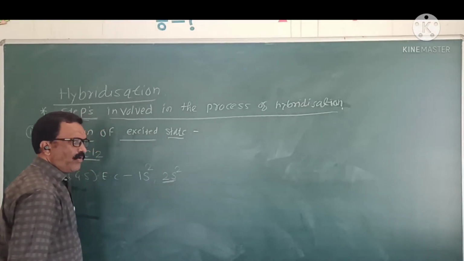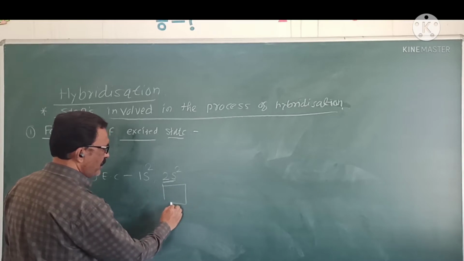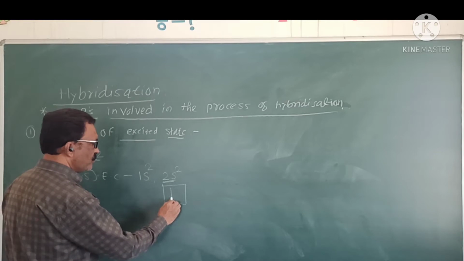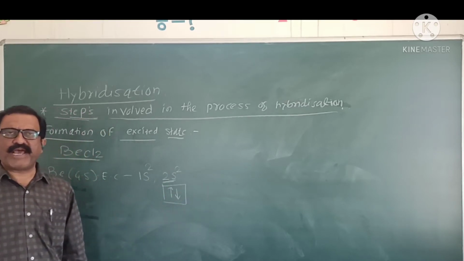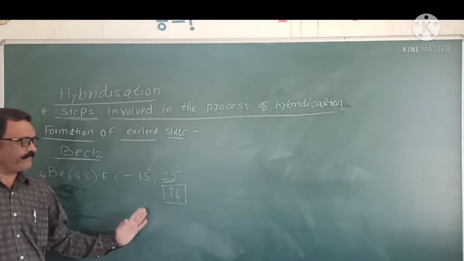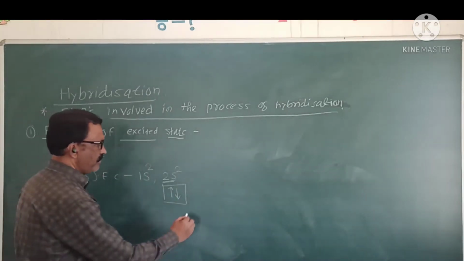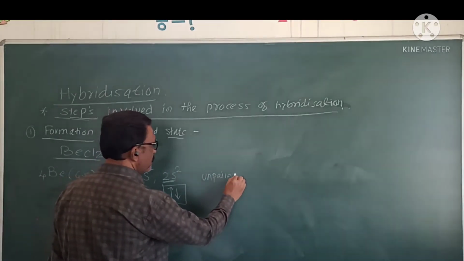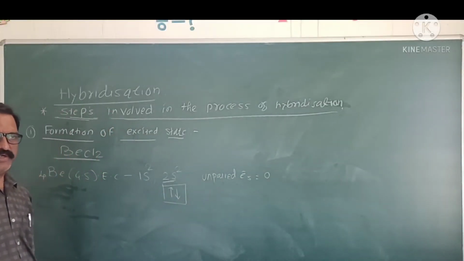This outermost state is called the valence state, in which the s orbital has 2 electrons with anti-parallel spin, in a pair. Here, the number of unpaired electrons in the valence state is equal to 0.